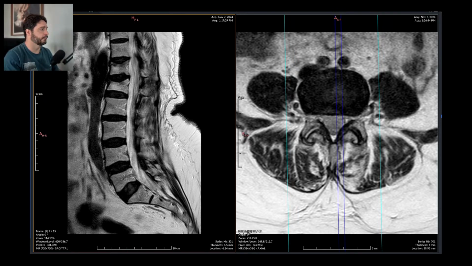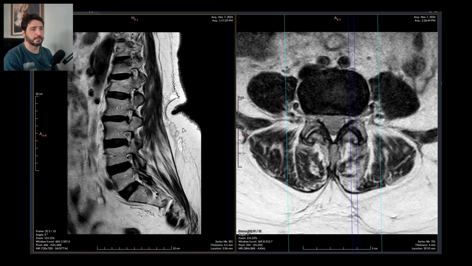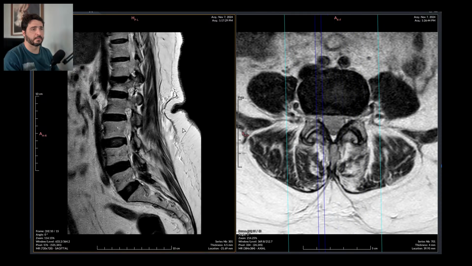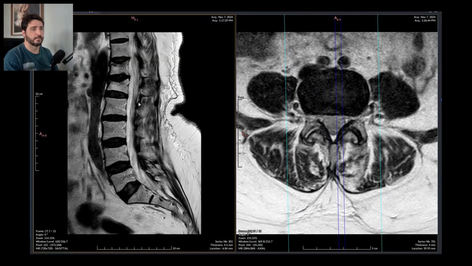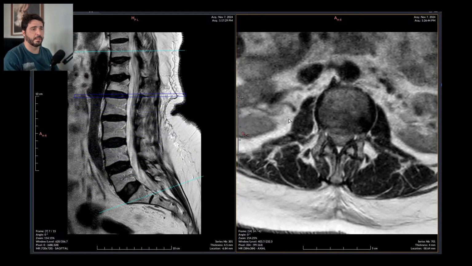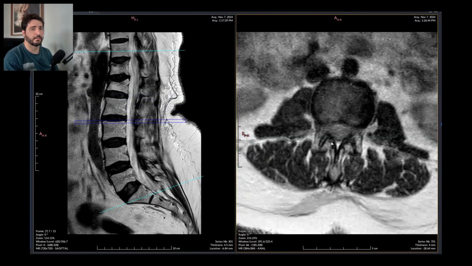Let's see the protrusions. This is right. This is left. Maybe there is a mild protrusion right here, right there.